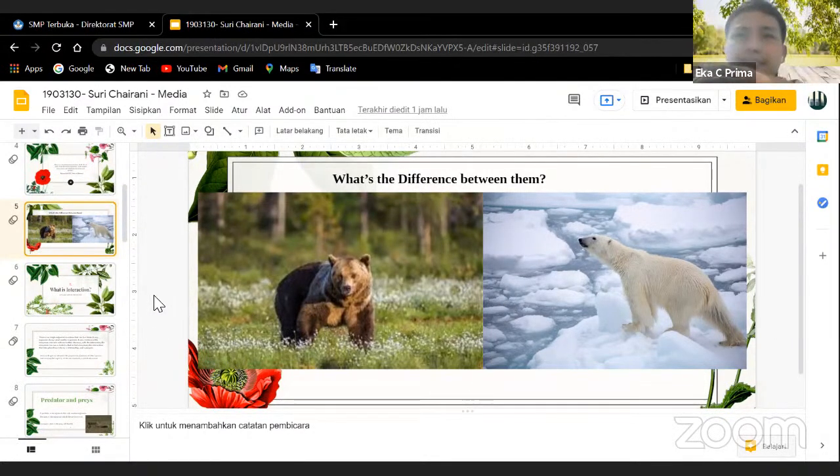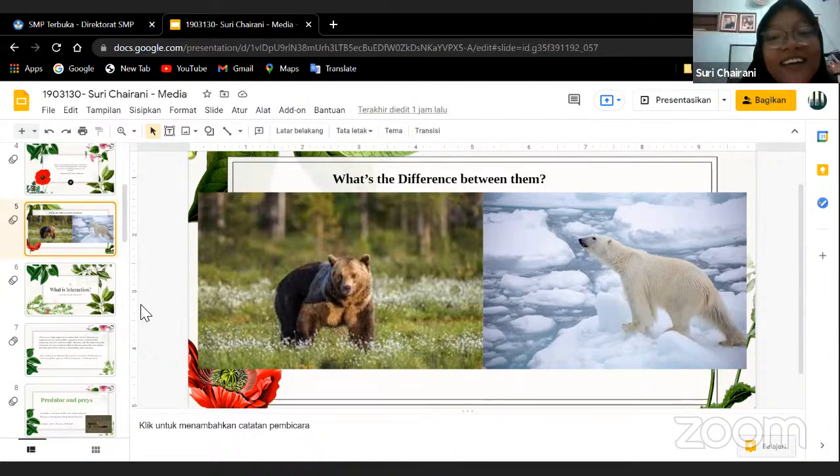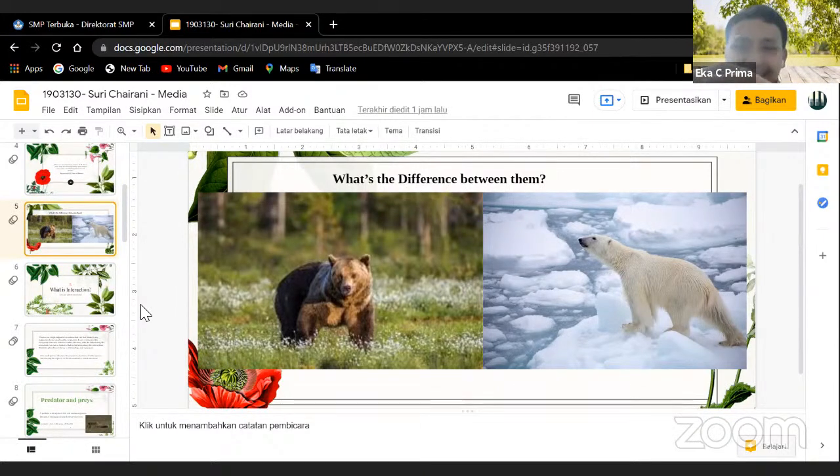Maybe you can ask it differently. Firstly, you can ask the location, and afterward, you can ask the food of the polar bear to the students. Or you can ask what would happen if the polar bear were located in grassland, or put it the other way around.